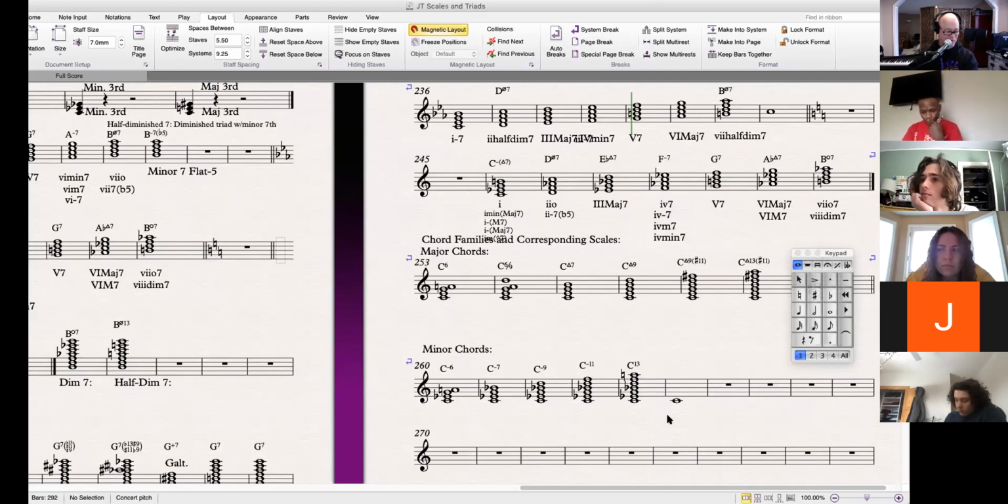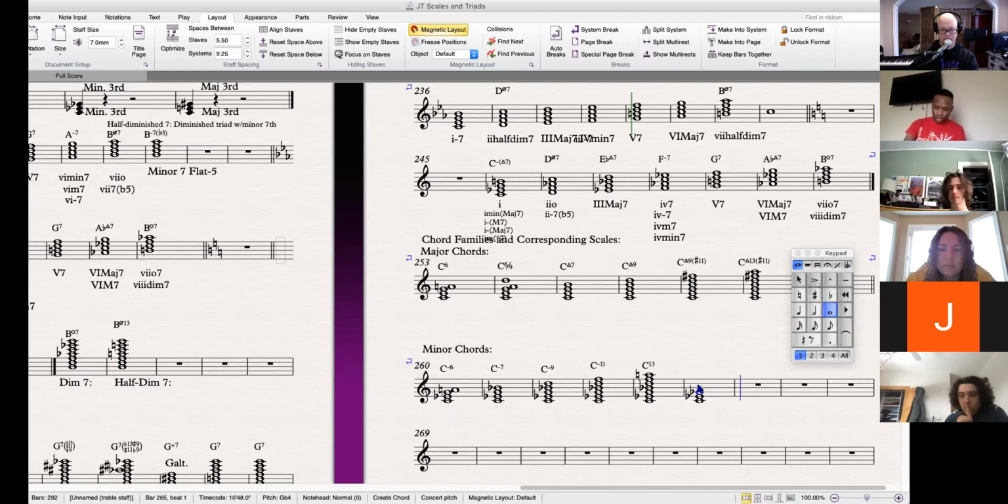And then the last one, this is where we get a diminished chord. So this belongs to the minor family.